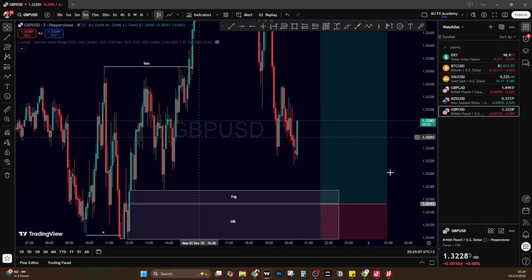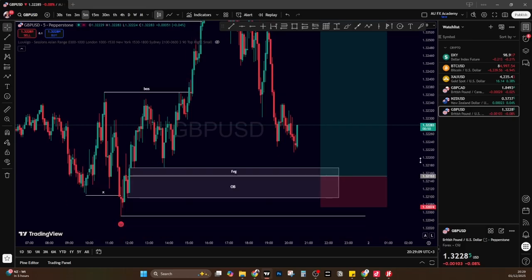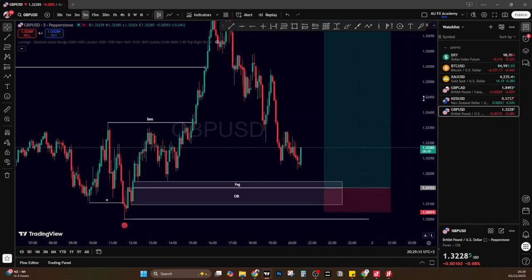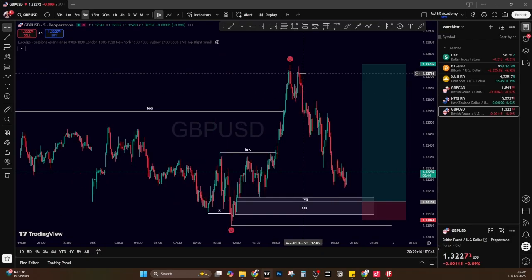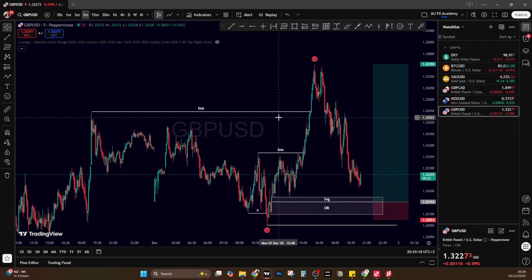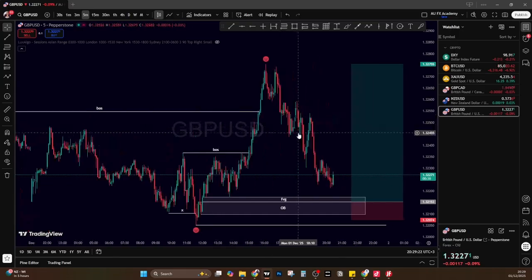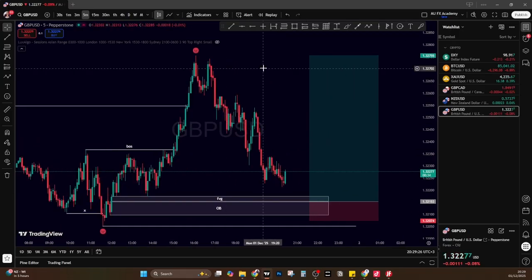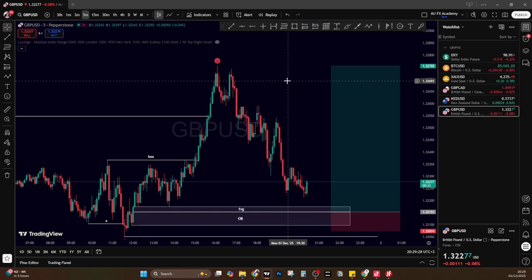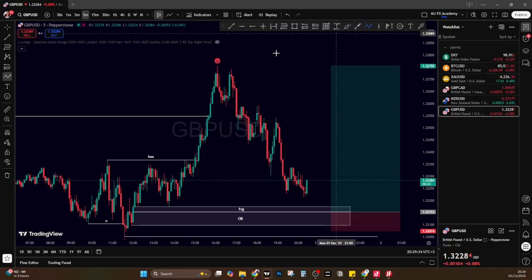Now let's assume, although it's not good at all to trade against the trend, because the moment you know that the market is bullish, you should only be looking at buying opportunities. But let's assume you want to be part of this sale that is happening. This is how you use order flow. The market was going up.